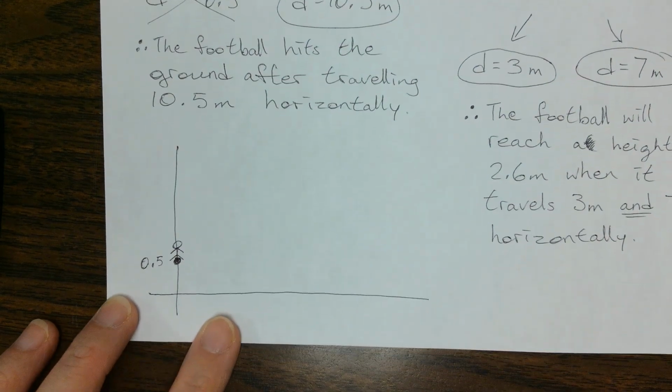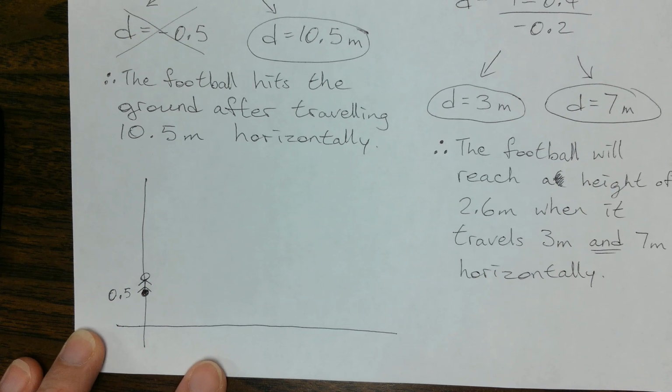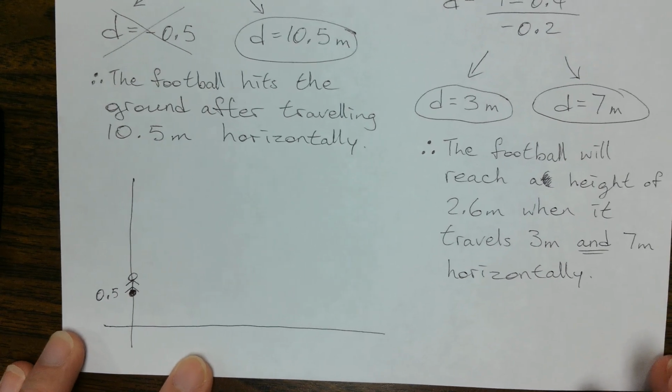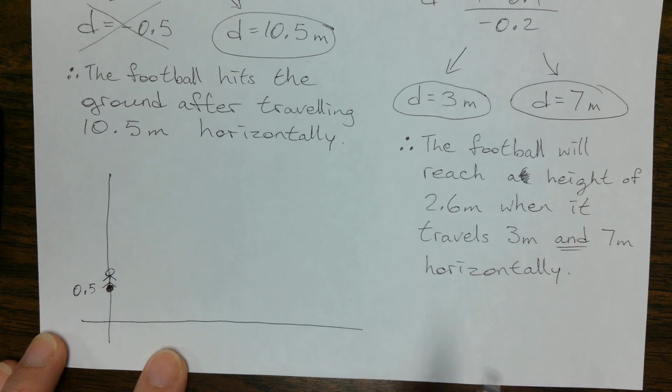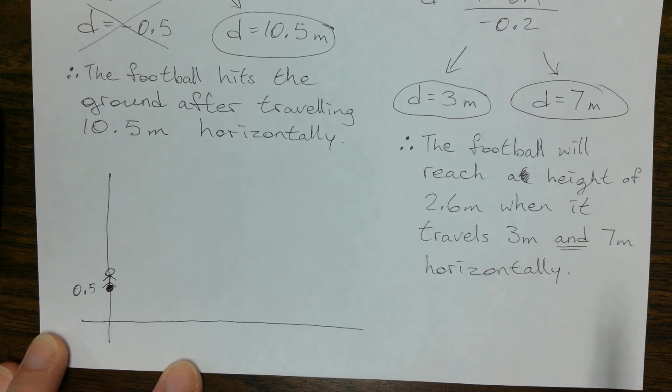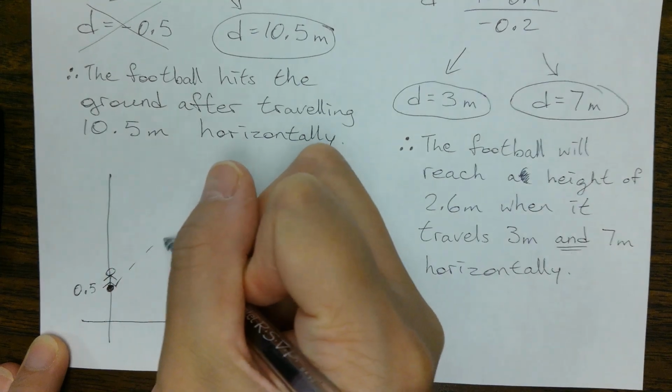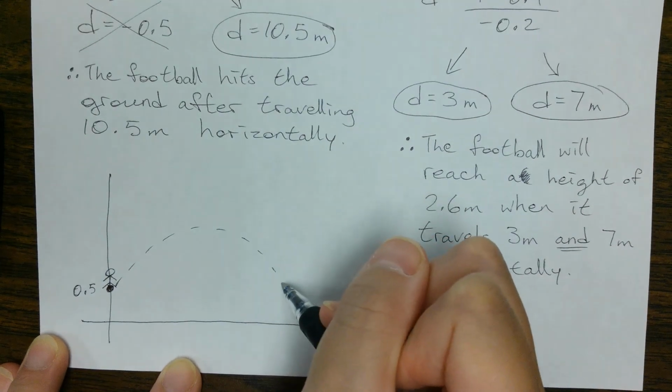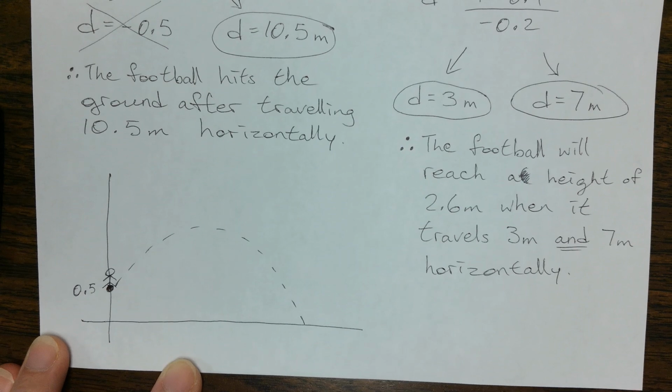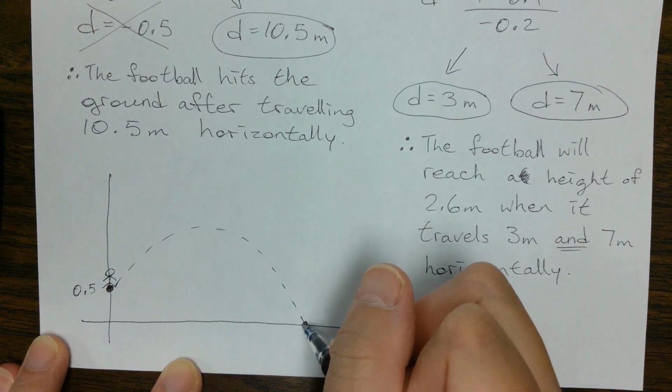Okay. When does it hit the ground? When did we say that that football will hit the ground? Kelly? No, we found it. When does that football hit the ground? So let's say you kicked it. What is this point right here?